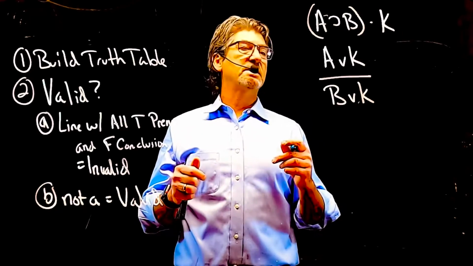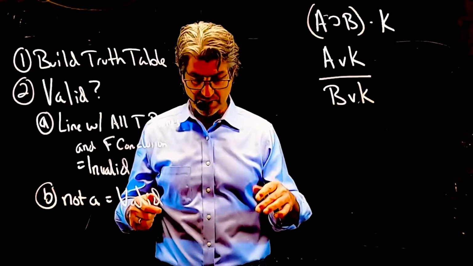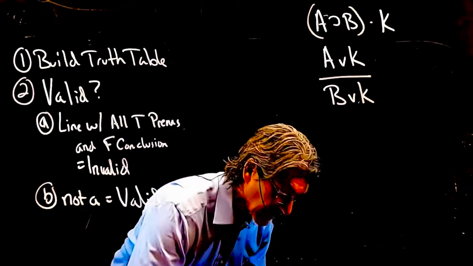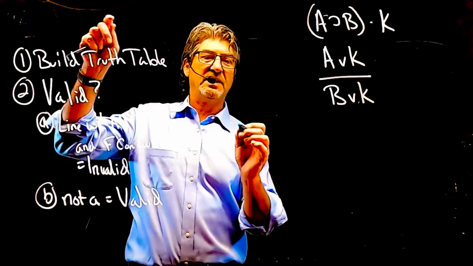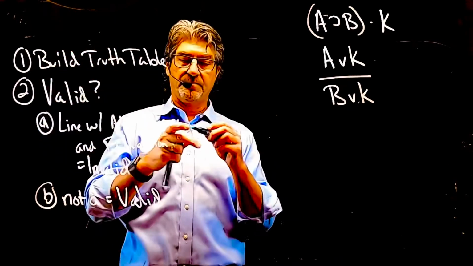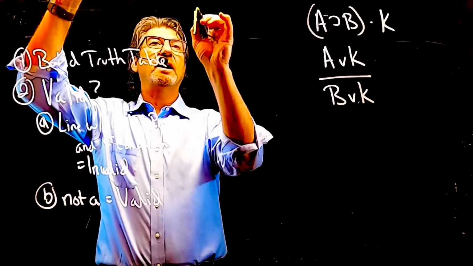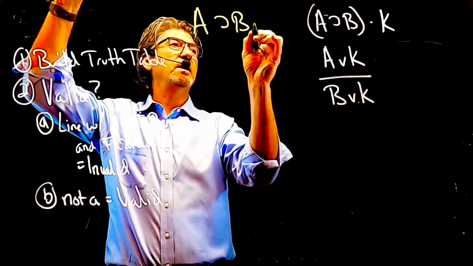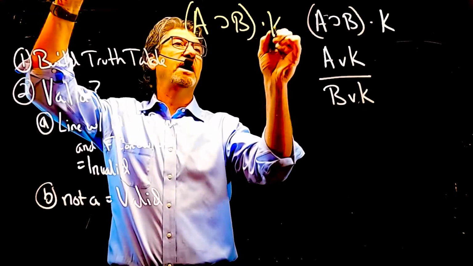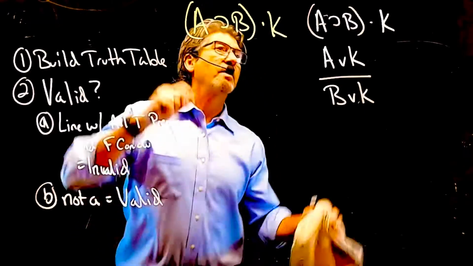Let's say you have, let me see here, I gotta write this down. It's going to take a little bit of space. Let's just do it right here. You start off with your A horseshoe B in parentheses dot K. Now, there's your first premise.